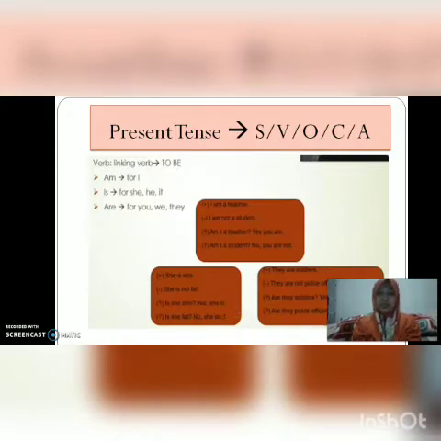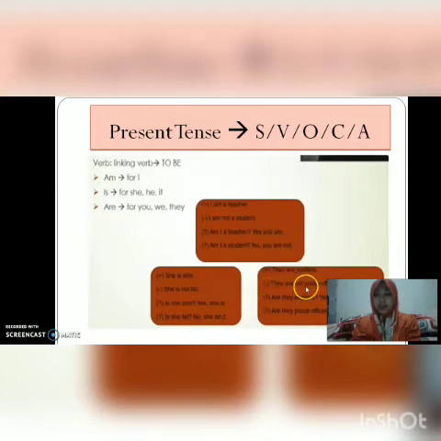And then the last one is the example of to be are. To be are is used for subjects you, we, and they. The first one is: they are sociers, this is the positive form. The second one is the negative form.